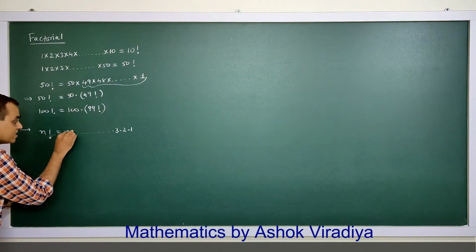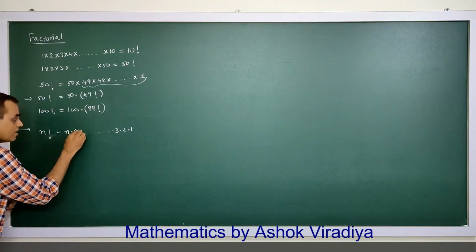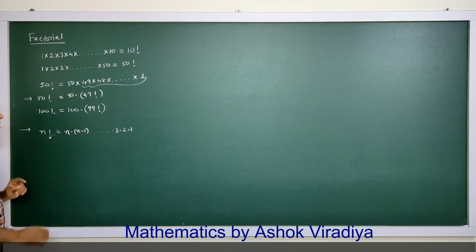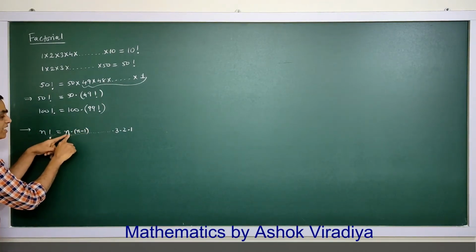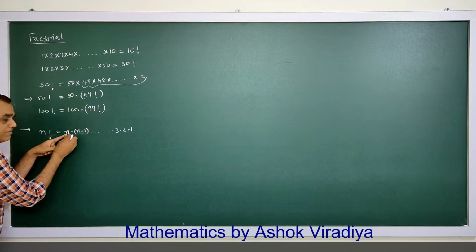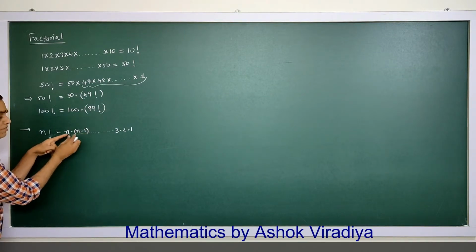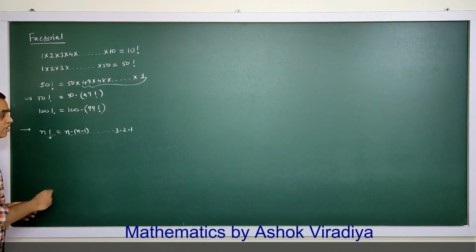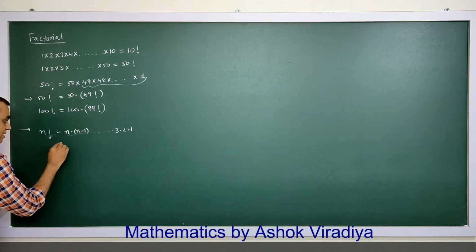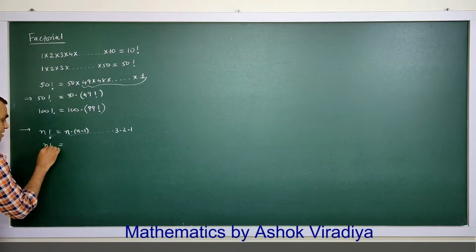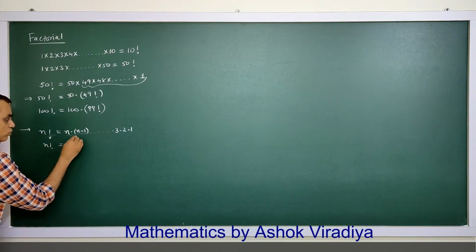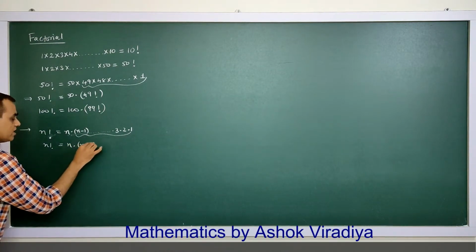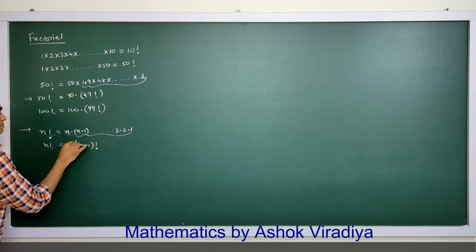Here the second last number in this series will be n minus 1. If this is 100, before 100, 99 comes. If this is 50, this will be 49. So now this product can be expressed as n into n minus 1 factorial.